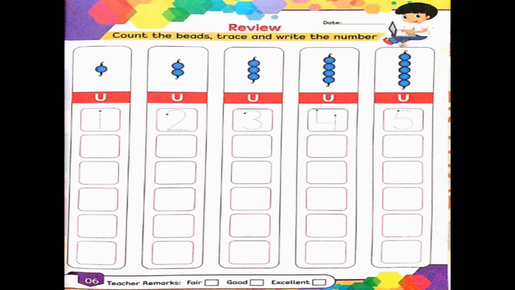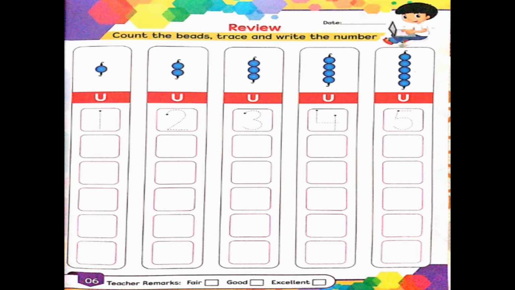Okay, now in third row there are 3 beads. Now count the beads. 1, 2, 3. So there are 3 beads. So you have to write 3 in the boxes. Now in fourth row there are 4 beads. 1, 2, 3, 4.